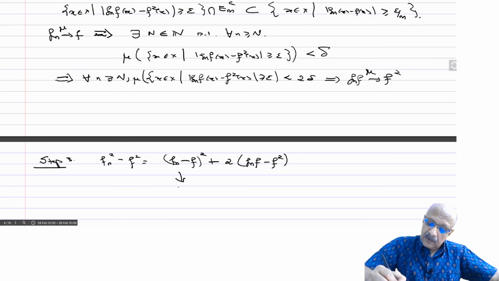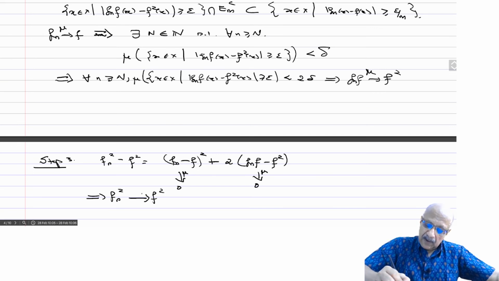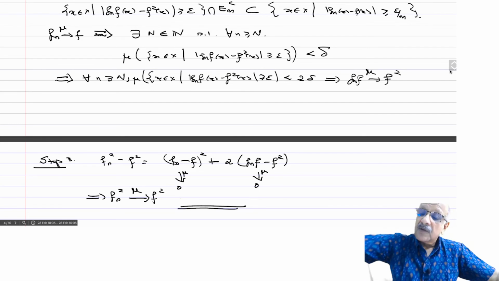Now this goes to 0 in measure because f_n goes to f in measure. The square of f_n − f goes to 0 in measure, and just now we saw that this goes to 0 in measure, and therefore f_n² converges to f² in measure. So this completes the proof of this proposition.